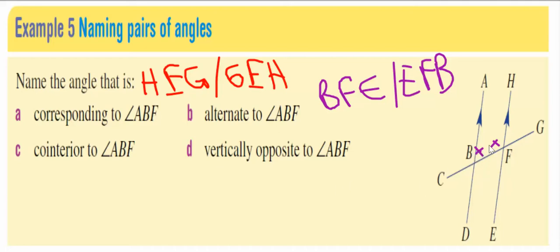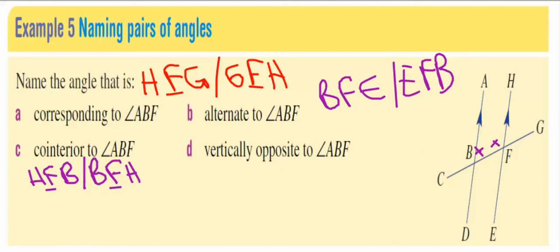So that's a co-interior to ABF. Our co-interior here is HFB, or BFH. Either one of those is correct. It's basically naming the same angle because F is the actual angle that we're describing.